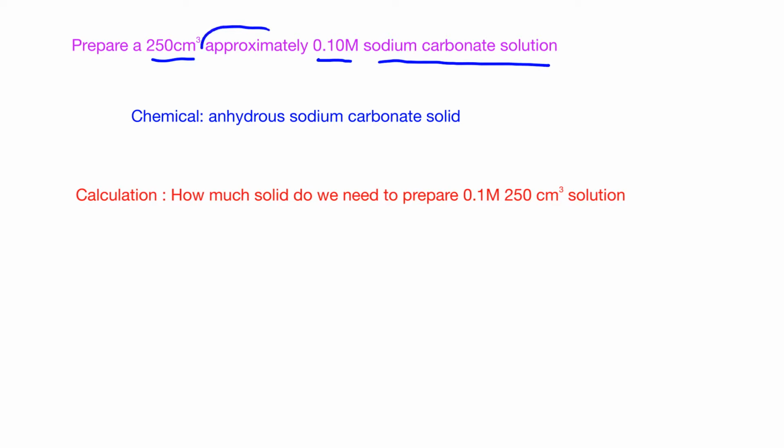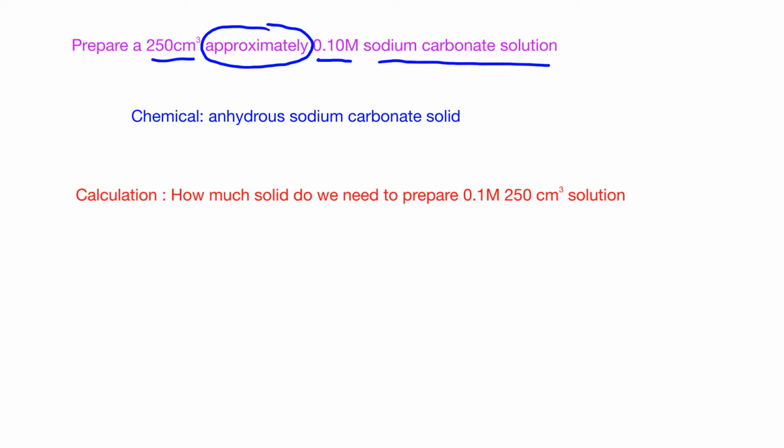You see right now we use the term approximately, because we're going to dissolve some sodium carbonate solid into 250 cm cube of water. If we want to make exactly 0.1 M, then when we measure the mass, it has to be very, very accurate. Let me do the calculation to show you what I mean by that.